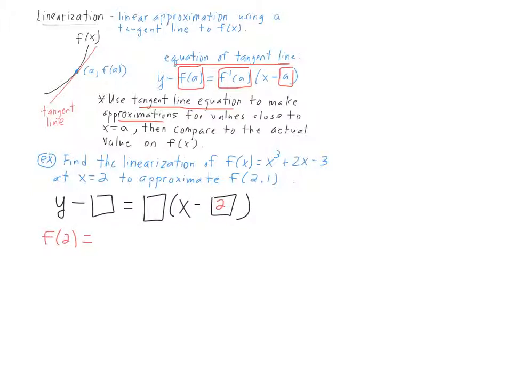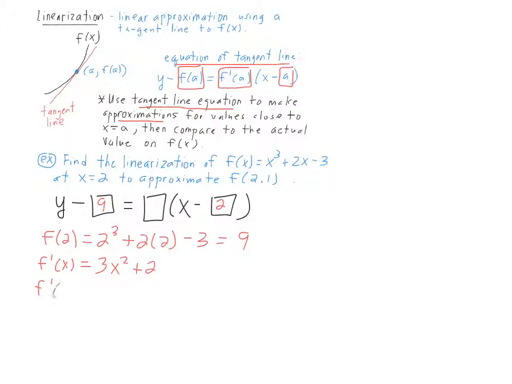So f of 2 would be 2 cubed plus 2 times 2 minus 3. So that's 8 plus 4, take away 3, so that's going to give us 9. So 9 is going to go in this box just like before. We also know that just like before we need our derivative. So this is 3x squared plus 2.